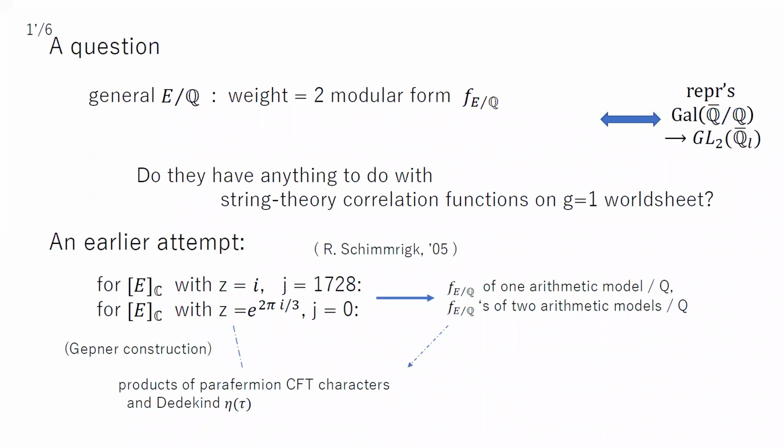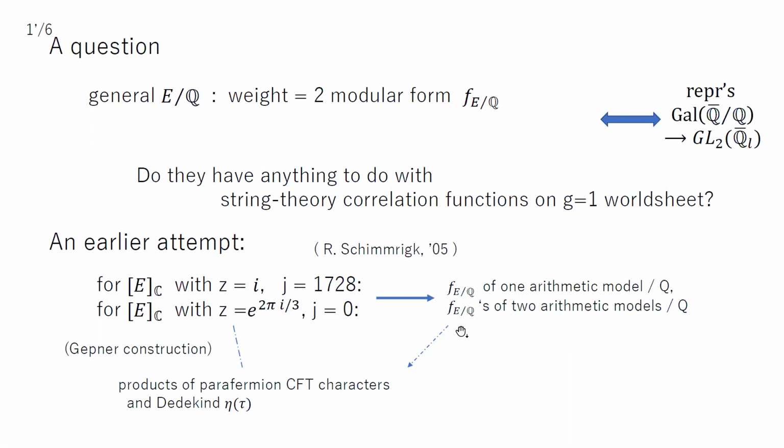Actually, there is a pioneering early attempt in that direction, a paper from 2005. That paper studied some examples of elliptic curves with complex multiplication. Two elliptic curves over C are dealt with. For one elliptic curve over C, one model over Q was treated, and for the other, two arithmetic models were dealt with.